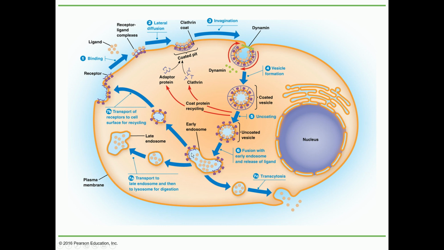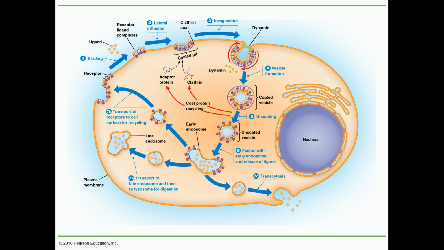The pH in the early endosomes will decrease, and the ligands and receptors will dissociate, and the receptors will be recycled back. Then the pH of the early endosome will decrease more, because these vesicles have proton pumps in them which keep pumping protons inside, because of which the pH becomes low.